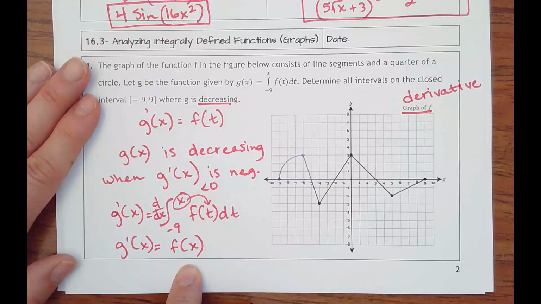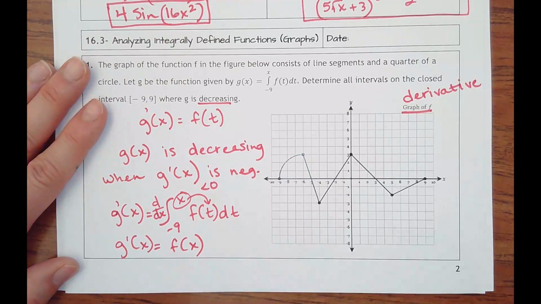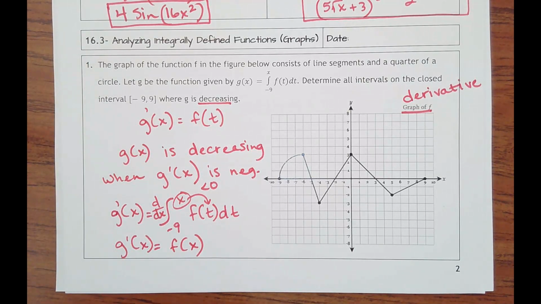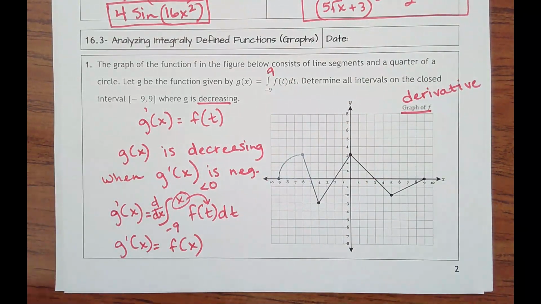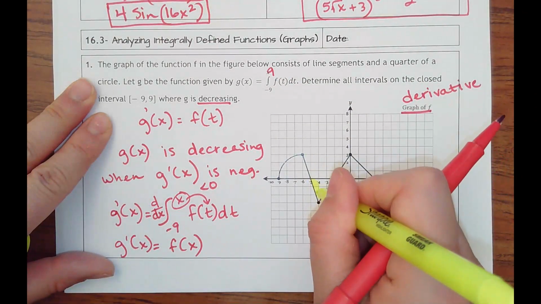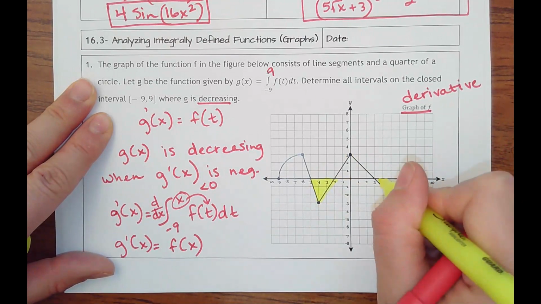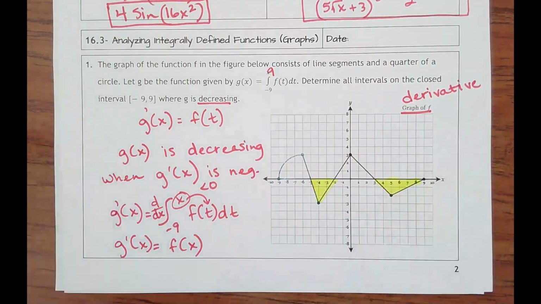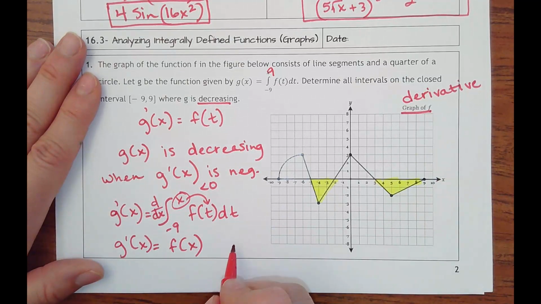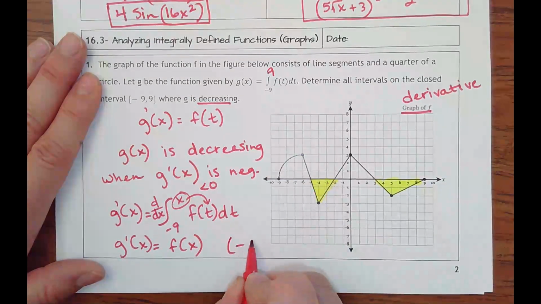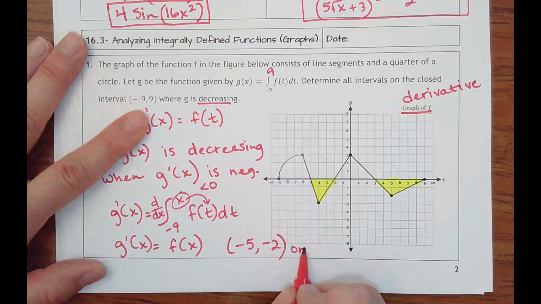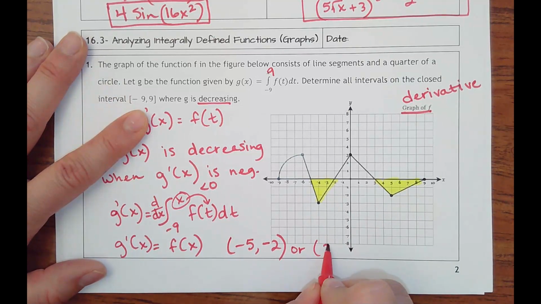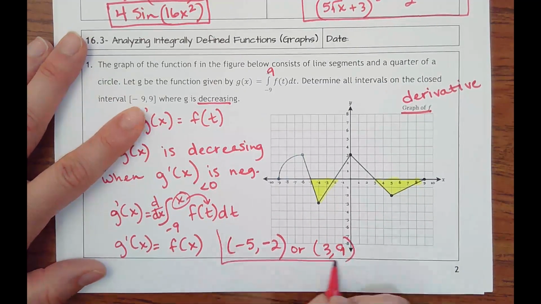So I want to know where f of x is negative from -9 to 9. And that would be anytime I'm below the x-axis. So I would say from -5 to -2, the original function would have been decreasing, or 3 to 9. So that one's easy. You really could just look at it.